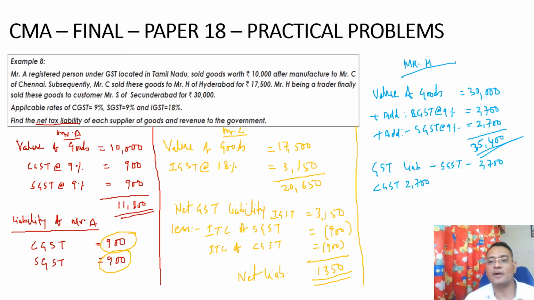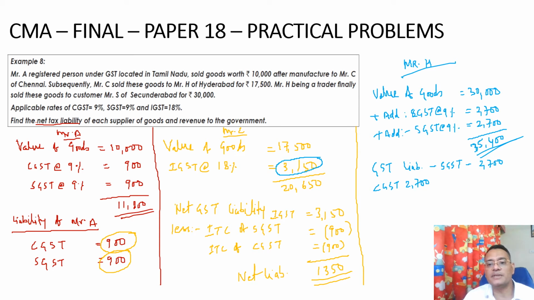Mr. H is going to get an ITC of 3,150 rupees for the material purchased from Mr. C. As we know, IGST can be used in any proportion as per the option of the GST payer.